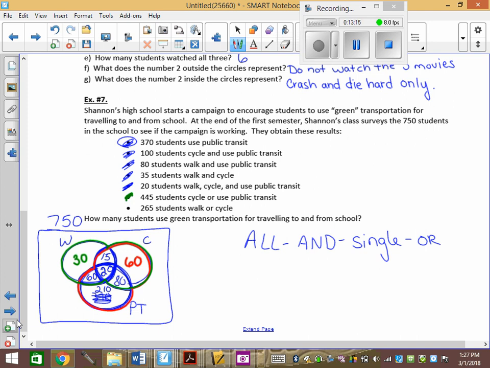So we go 750 minus all of those. 475, 25 to 500, 275. So now it says, how many students use green transportation for traveling to and from the school? How many was it? 475?